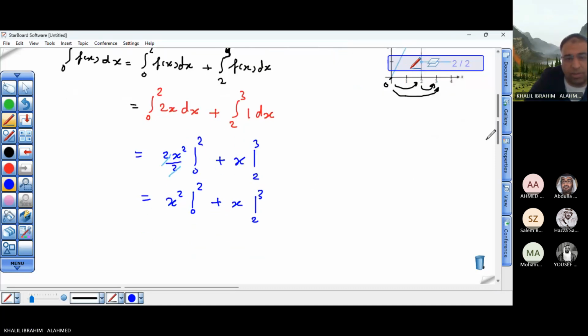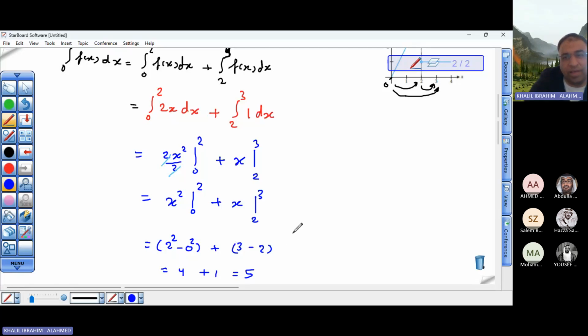Then substitute the upper limit: 2 to the power 2 minus 0 to the power 2, this is the first. Plus, replace x by 3 minus replace x by 2, this is the second. This equals 4 plus 1. The final answer, I think, equals 5.